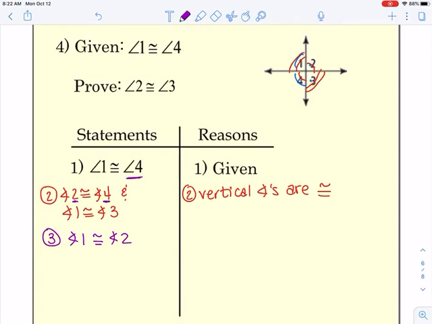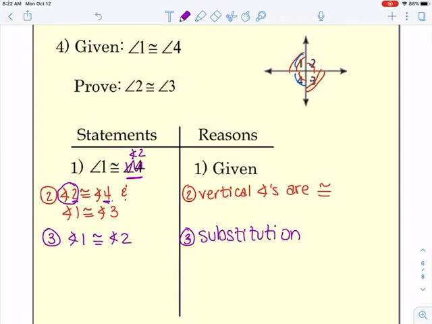If I go back up here and there's angle 4, I just know from step 2 that angle 4 is congruent to angle 2. So basically I'm going to take out that 4 and plug in angle 2 from that step right there. So angle 1 is congruent to angle 2, and that's by substitution.